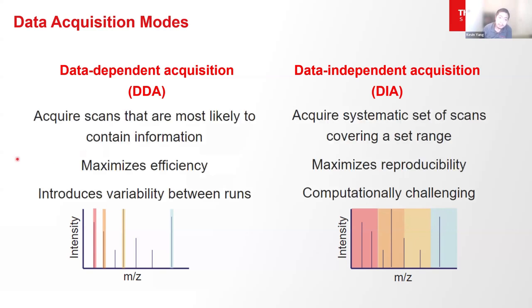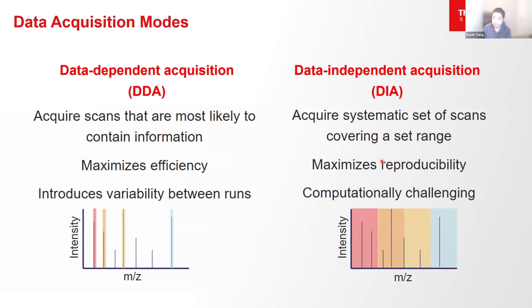For DDA, because you always isolate the high abundance species, it is very likely to be the peptides in your samples. So the acquired MS2 scans are most likely to have useful information, and that allows you to maximize the efficiency of MS2 scans. In contrast, in DIA, you always acquire the MS2 spectra of the precursor ions, regardless of their intensity.